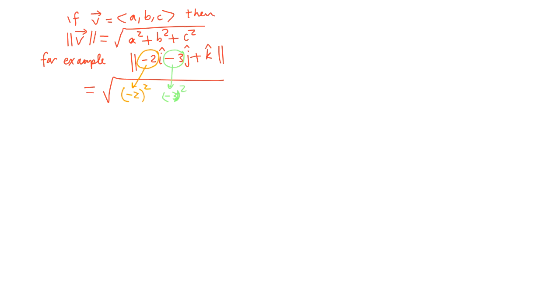Now we squared the coefficient of k, which is 1. And add all of these numbers. This is 4 plus 9 plus 1. So radical of 14. Yes, exactly, Mary.